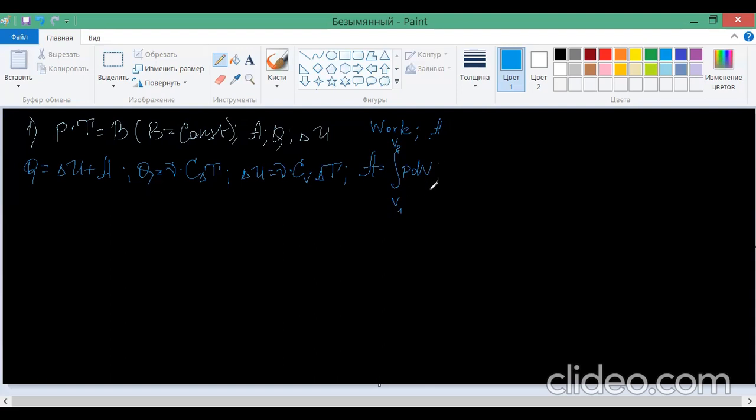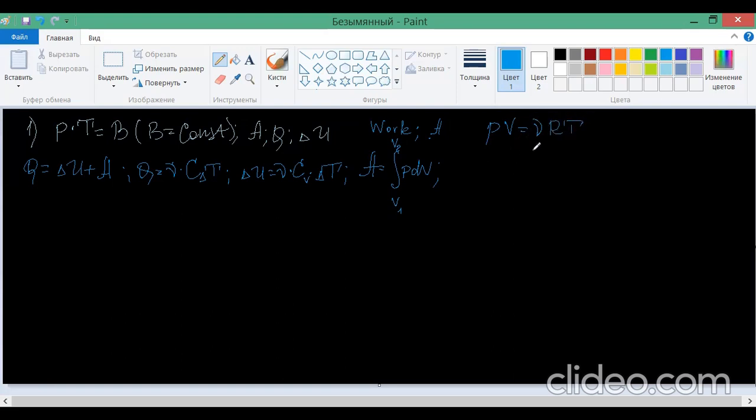We should remember that we are considering the behavior of an ideal gas, and for an ideal gas, the state equation is P times V equals nu times R times T, right?